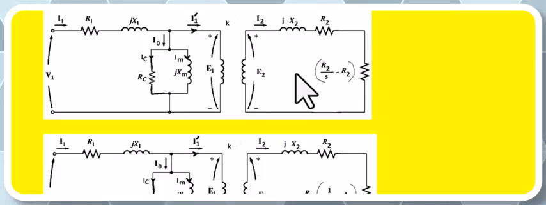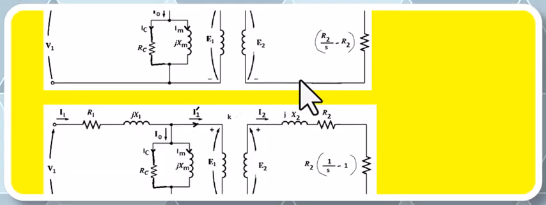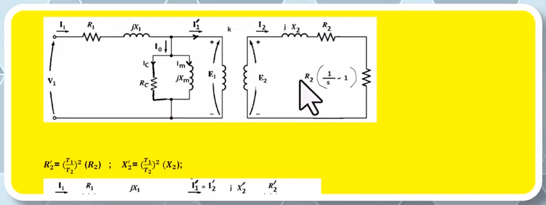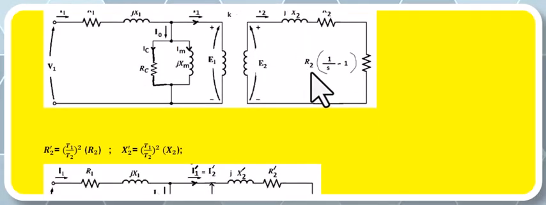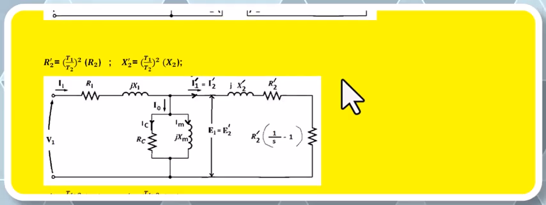Then we get a new circuit like this, R2 into (1 by S minus 1), and this R2 into (1 by S minus 1) is called the dynamic load across the rotor of the three-phase induction motor.